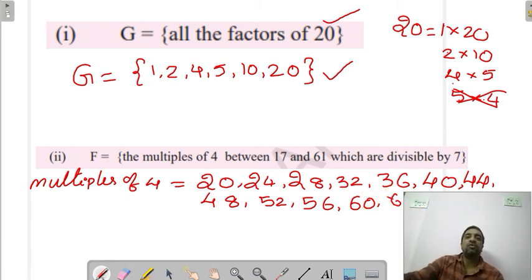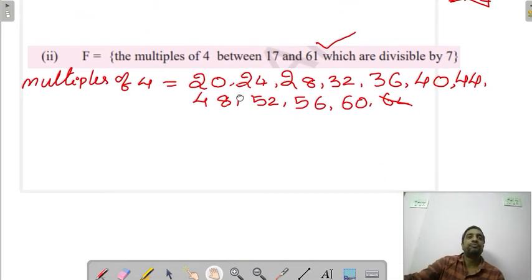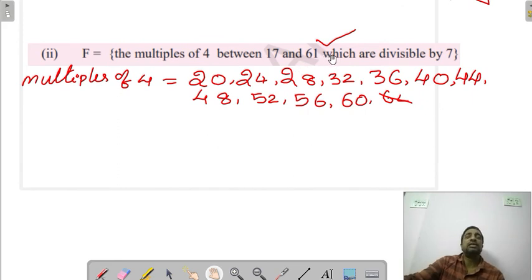But 64 we should not take, because here he is asking for less than 61. In the same way, see what is asked: which are divisible by 7. Which are divisible by 7 means simply write the multiples of 7 also.